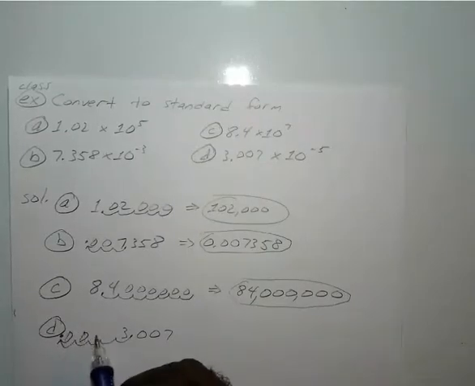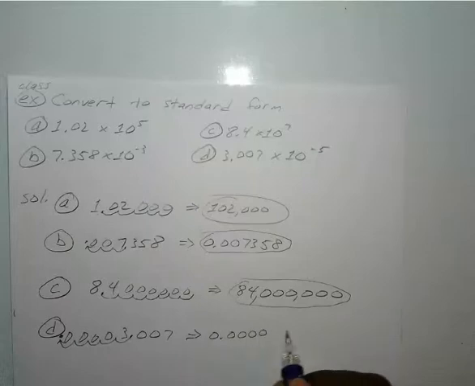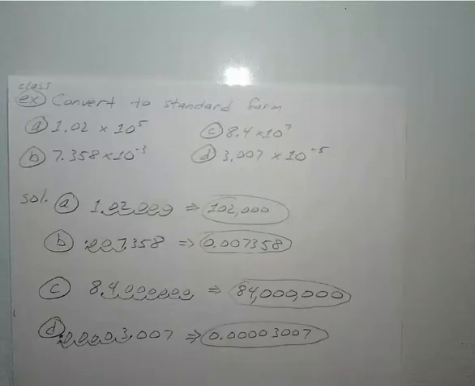We fill all those with zeros. So we end up with 0.00003007. Okay, so again, once you get the steps down and you understand whether you have to move the exponent to the right or left, it's really not too bad.